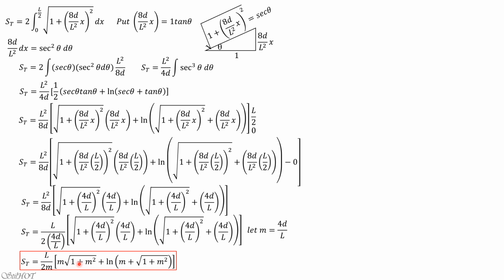Actually, all you have to do is be familiar with these terms here, m and the square root of 1 plus m squared, then break them into two parts, then it is ln of m plus the square root of 1 plus m squared. That's my technique in memorizing this formula, the exact formula for the length of a symmetrical parabolic cable.